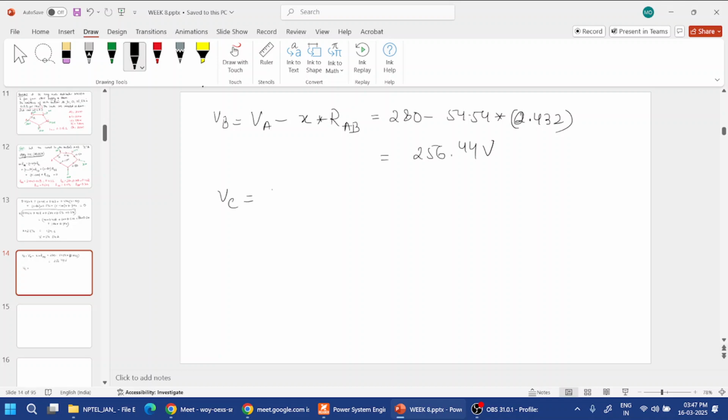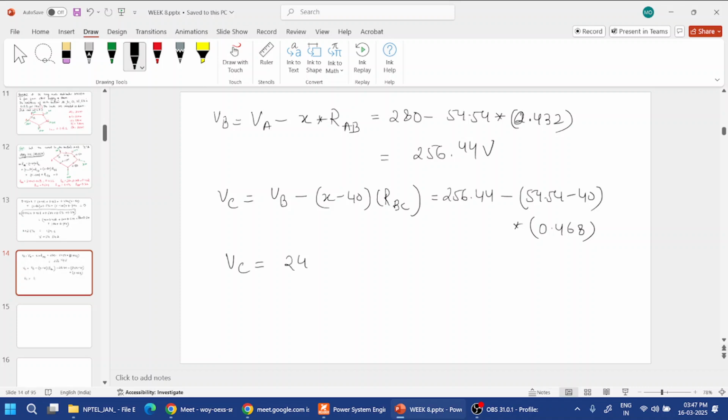Similarly, we calculate VC: VB minus X minus 40 into RBC. VB is 256.44 minus 54.54 minus 40 multiplied by RBC, which is 0.468. So VC comes out to be 249.634 volt. You can check by using the calculator.